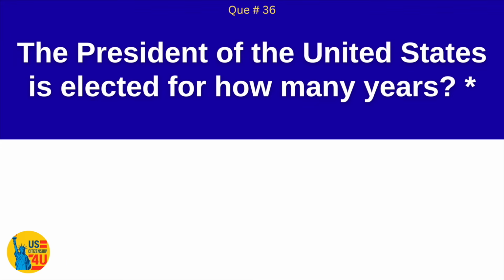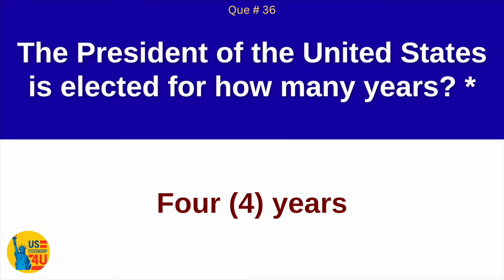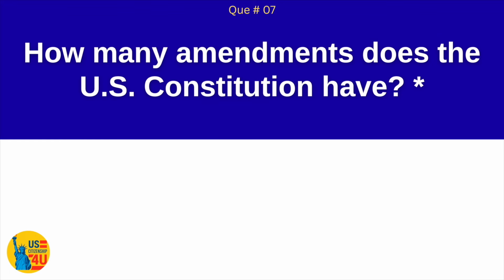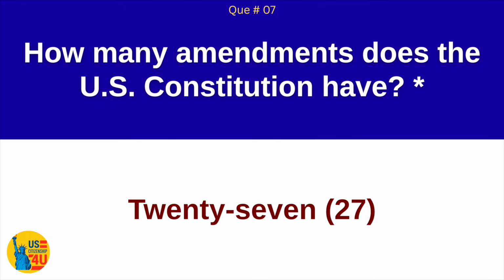The President of the United States is elected for how many years? For 4 years. How many amendments does the U.S. Constitution have? 27.